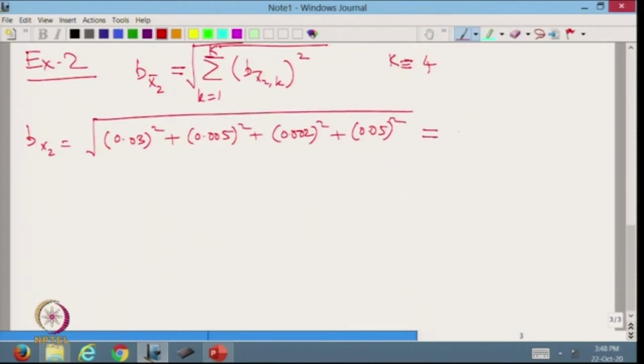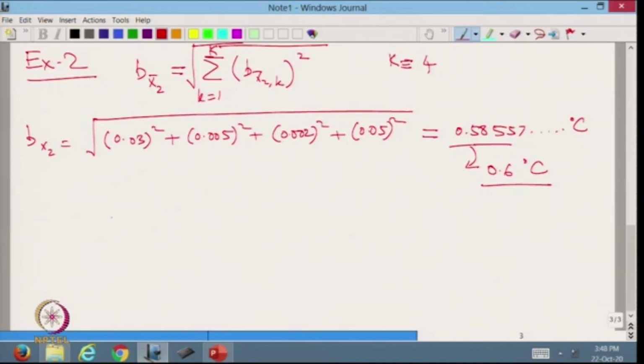And if you do this calculation, you will get 0.58557, and you can put more decimal places, which we round off and say this is 0.6 degrees Celsius.